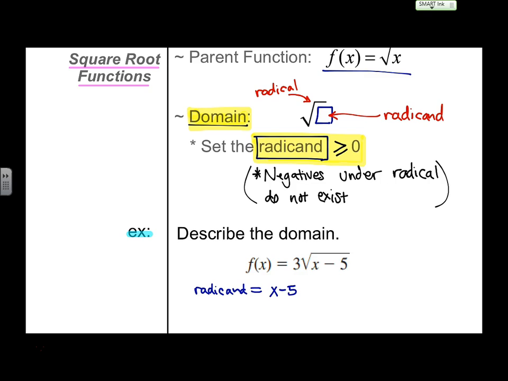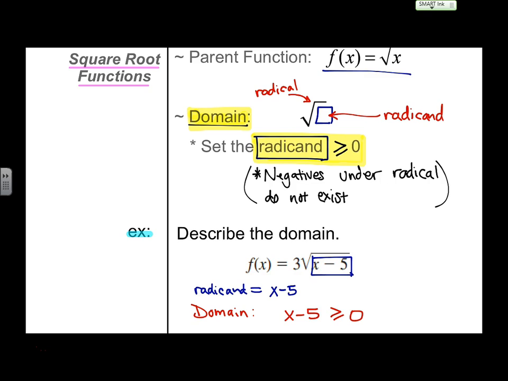If it helps your brain, you can literally say it's everybody underneath. Draw a box. The radicand is x minus 5. So how are we going to describe the domain? Take the radicand, the box, x minus 5, and set it greater than or equal to 0.